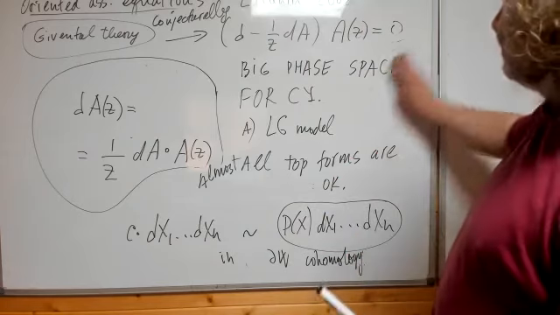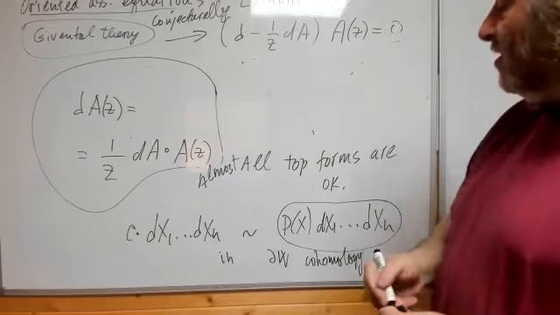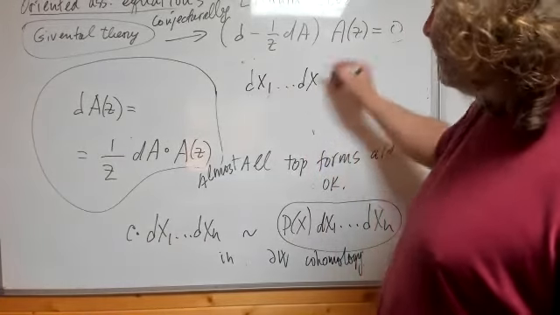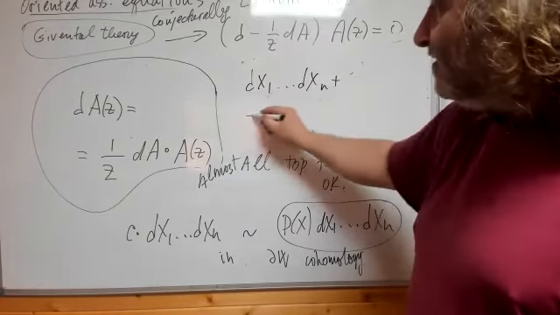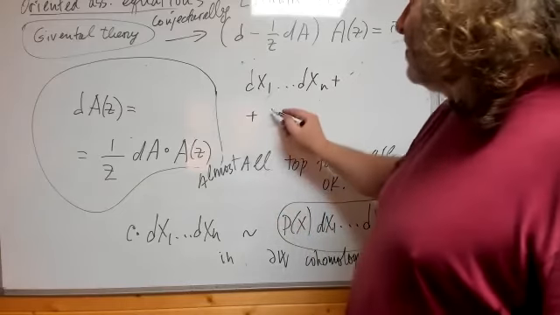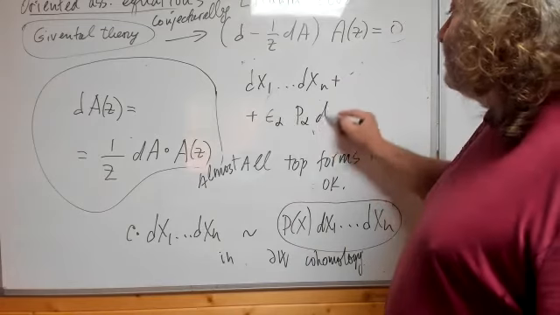Or, perturbatively, you can consider the form dx1...dxn plus infinitesimal coefficients epsilon alpha times any polynomial.